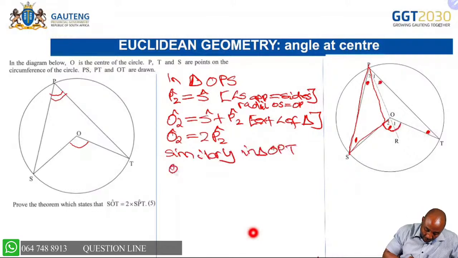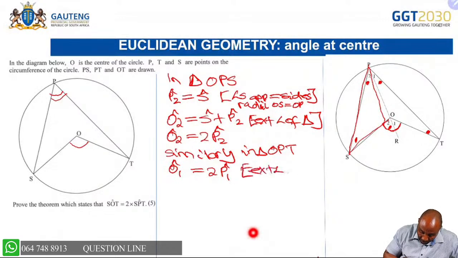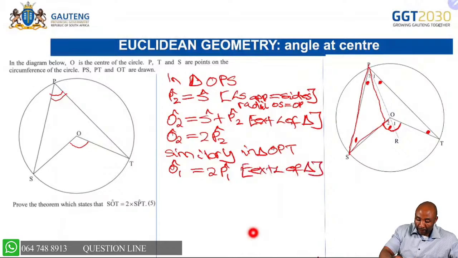So I can now say my O1 is equal to 2 times P1. Again, this is the exterior angle of a triangle. Similarly, I will start by showing that T is equal to P1. So I'm saying similarly, that statement is covering the two above statements that I have made on the previous proof. I can do the same on that one.